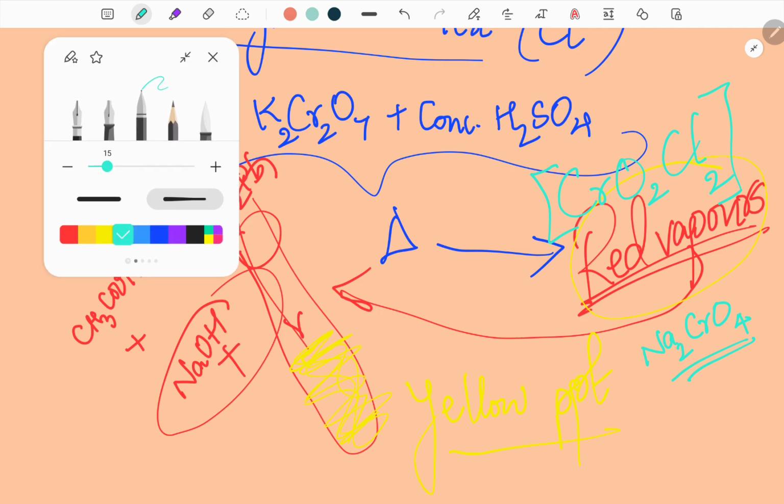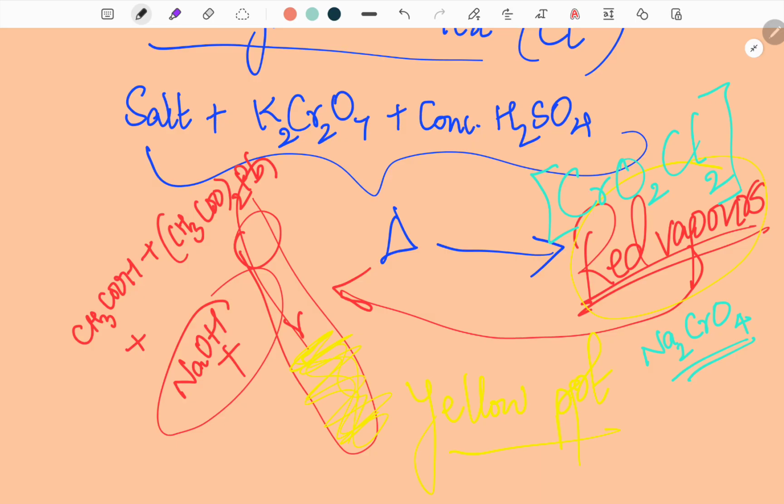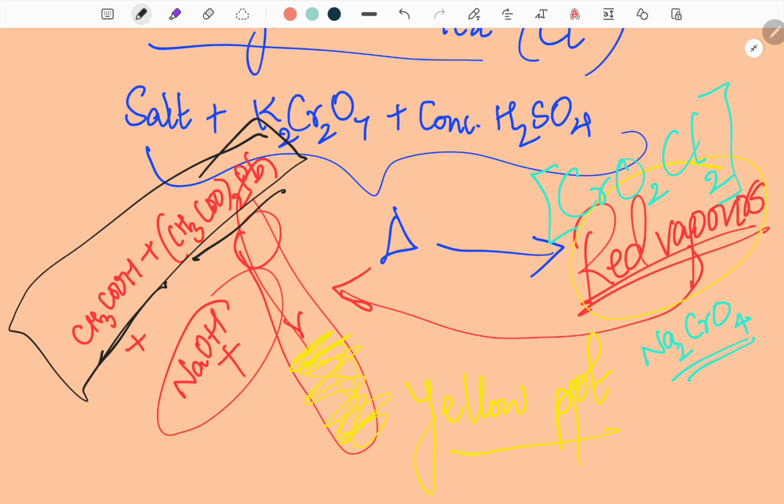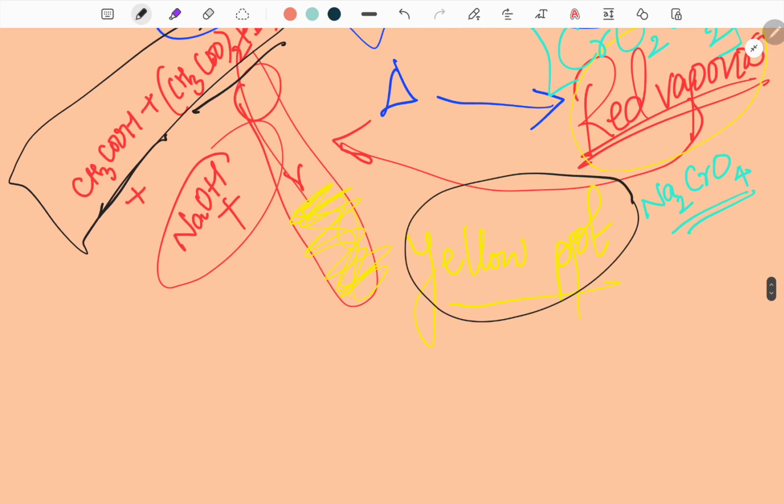Once you are adding these two chemicals, that is acetic acid and lead acetate, you will see a yellow precipitate is formed. Now, this yellow precipitate that is formed is lead chromate. Lead chromate, that is PbCrO4. So this is the chemistry behind the reaction, and you have to know this for your viva.